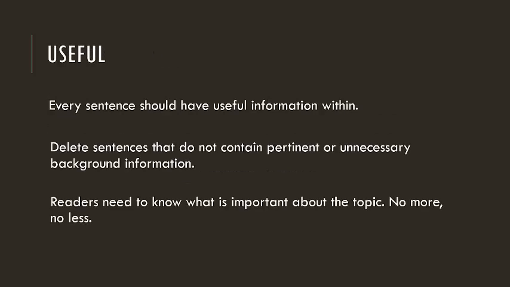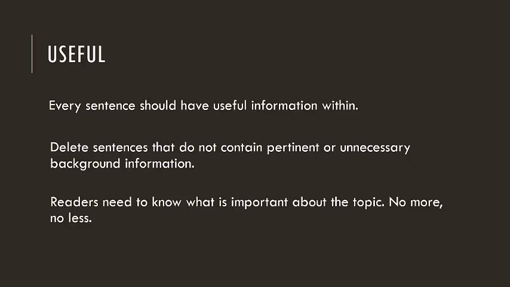So the next thing is to be useful. People read these papers because they need to use the information. So every sentence has to be useful. You do not want to just waste sentences. You definitely want to delete writing that is ornamental and not information based.